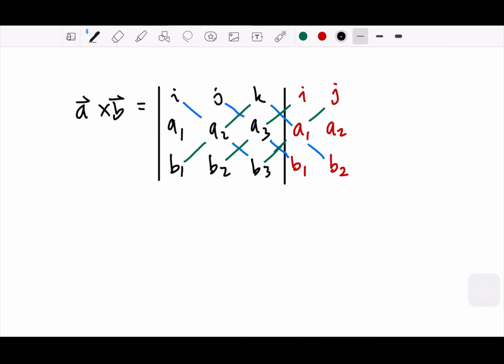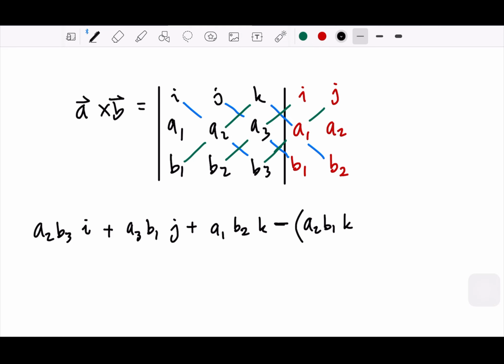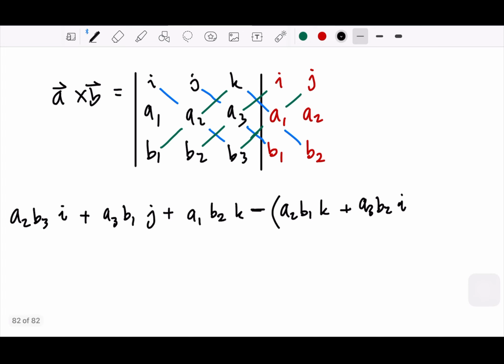So this will result in A2B3 i plus A3B1 j plus A1B2 k, and then minus, if you want to take the minus, adding all the terms inside: A2B1 k plus A3B2 i plus A1B3 j.